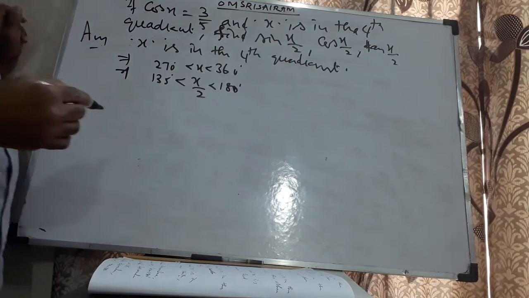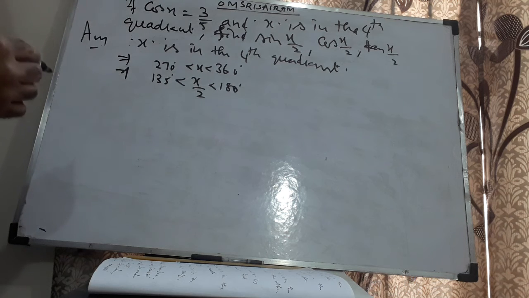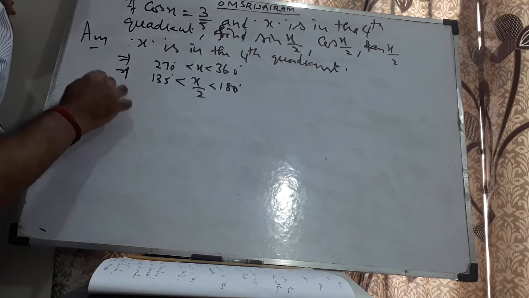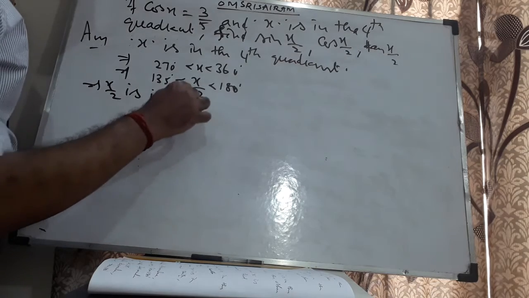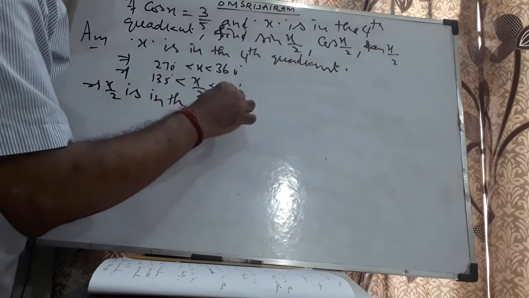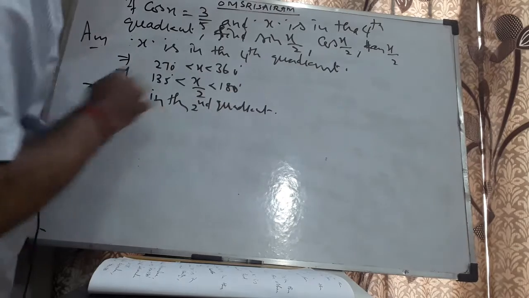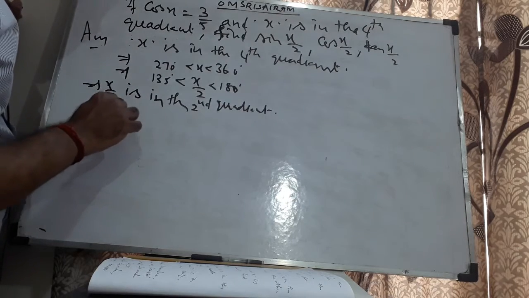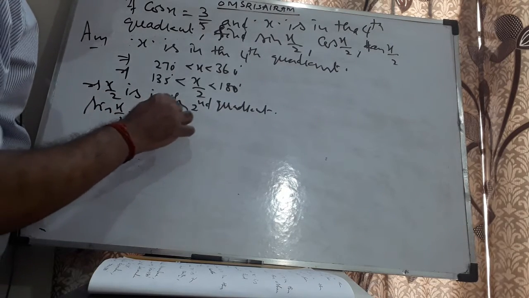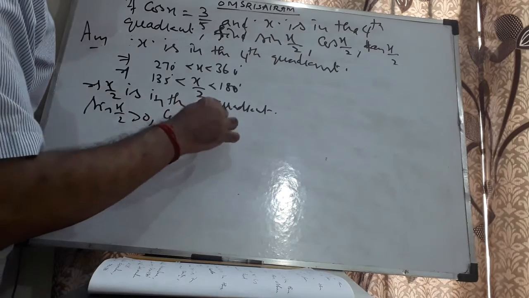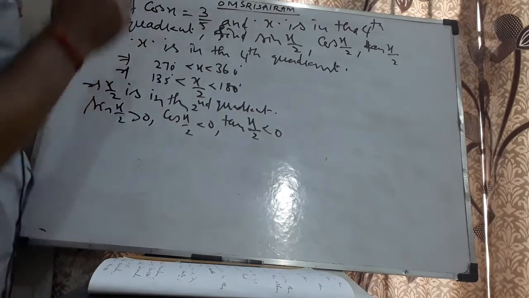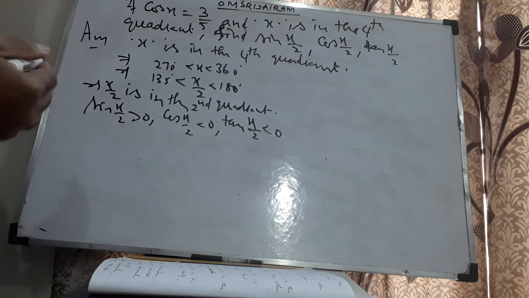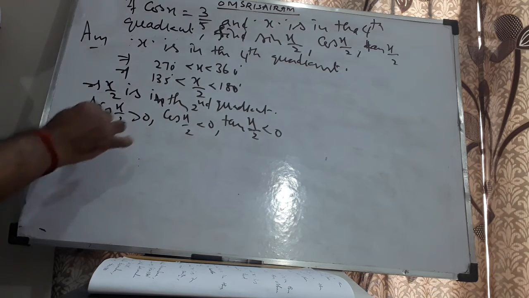This is anyway second half of your second quadrant, which implies x by 2 is in the second quadrant. Therefore, sin x by 2 is positive, cos x by 2 is negative, tan x by 2 is negative. You know very well in the second quadrant sin and cosecant are positive, the rest are negative.